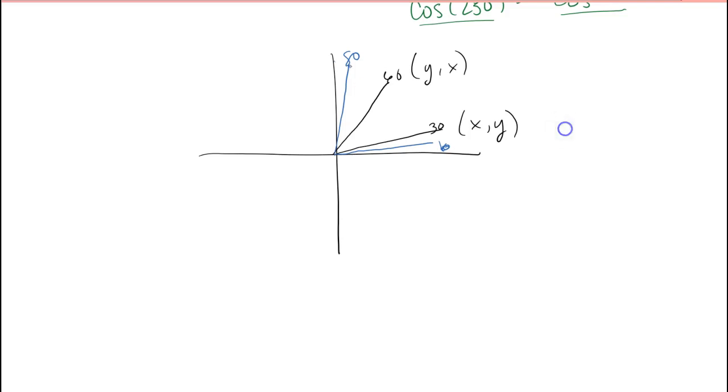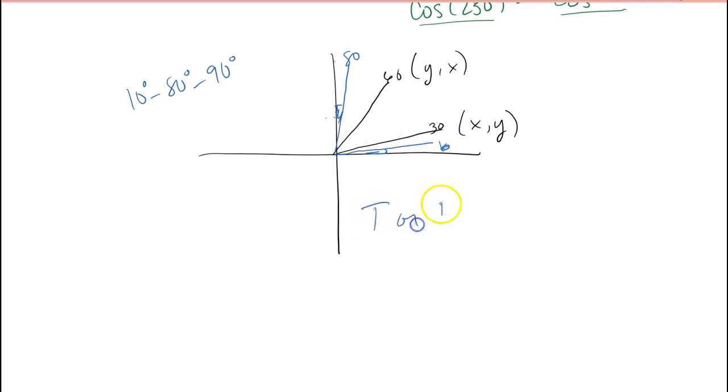Why? Well, if I made a triangle out of them, it would be a 10, 80, 90 triangle. So no matter where, as long as you notice that the distance to the y and the distance to the x are the same, they would make that same triangle.